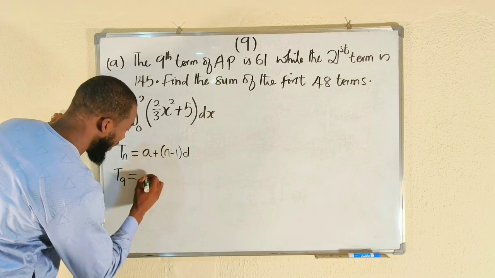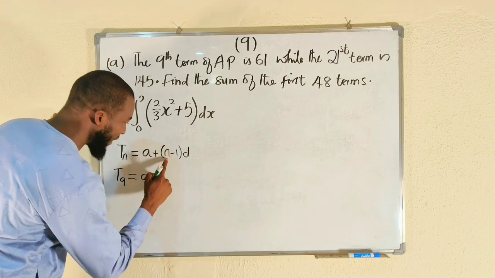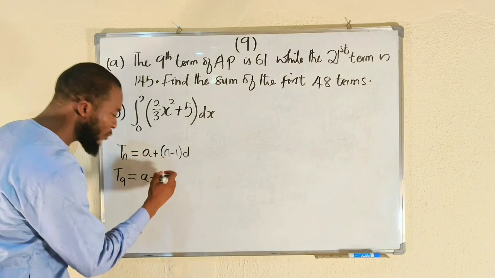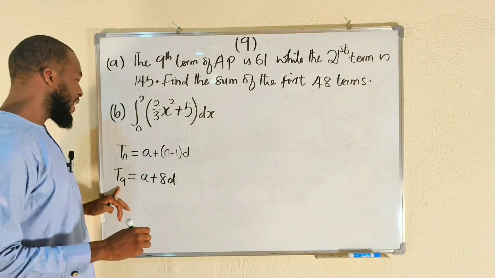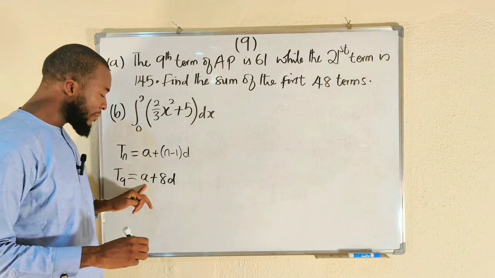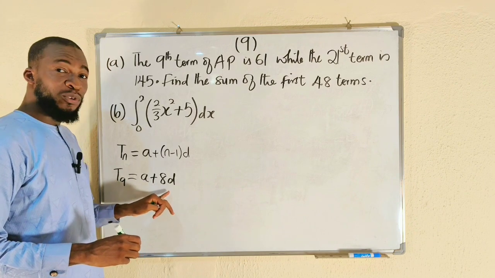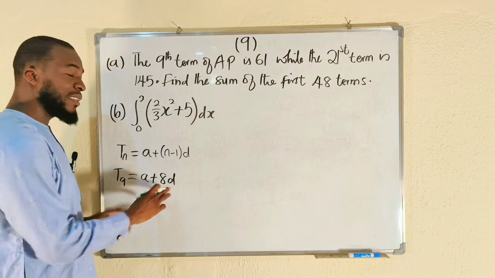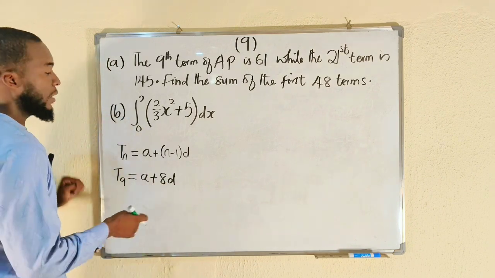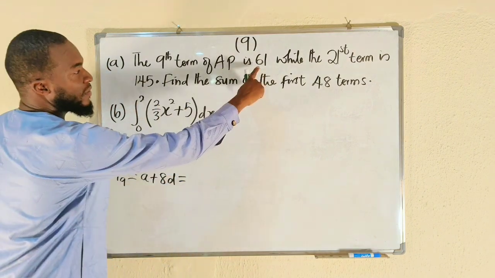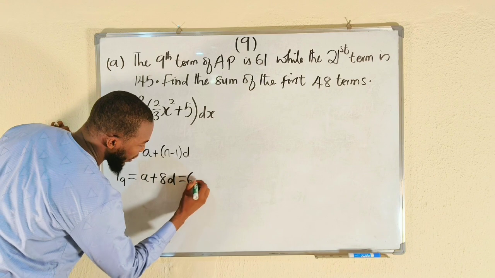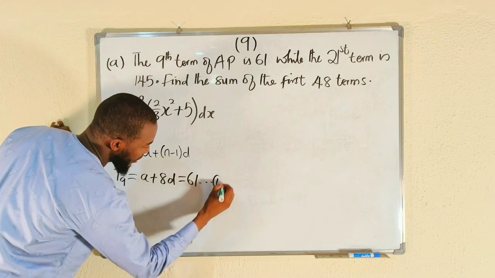This is equal to A, the first term, plus n, which is 9, minus 1, which is 8, multiplied by d. So term number 9 is equivalent to the first term plus 8 multiples of the common difference, because d is the common difference here. They said that this is equal to 61. So we have our first equation.